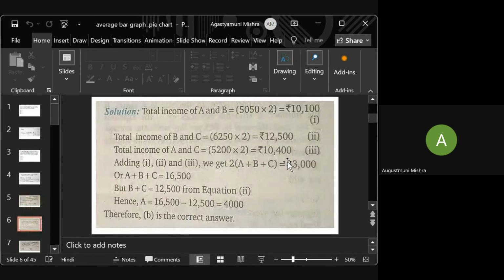The correct answer is B. Okay, one of the participants said B, that is the correct answer. So this is the solution of that. If you think that you need an explanation, then you can also tell. Within half a minute, I'm going to change it. So if you think there is a need for explanation, then you can also ask.